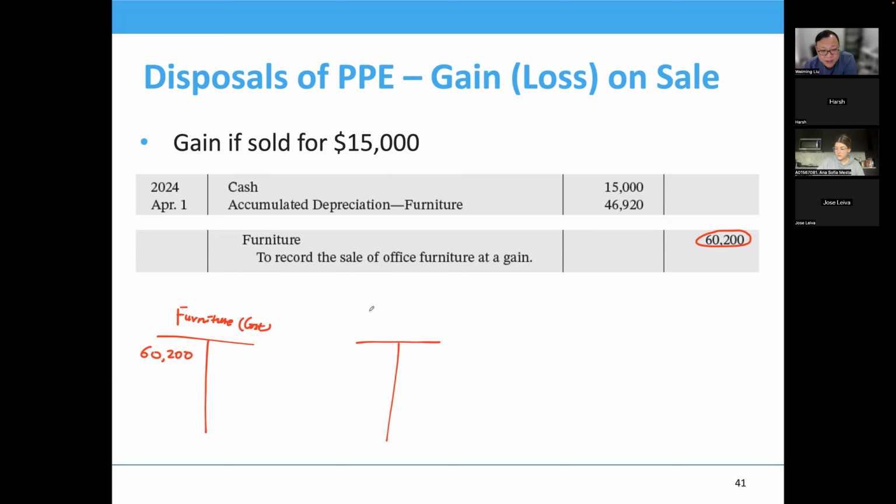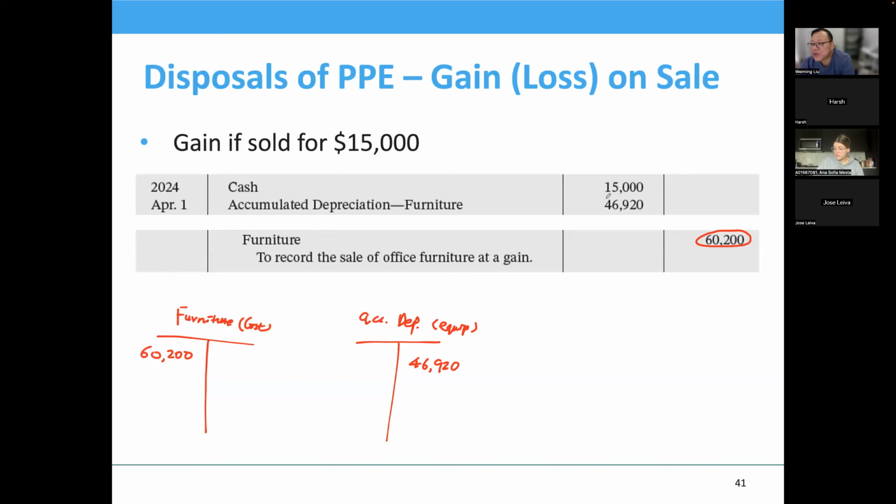And then you have the cumulative depreciation on the furniture account. We know that cumulative depreciation is a contra asset, so it always maintains a credit balance, right? So the credit balance is 46,920. Now we are disposing of this asset, and you sell it for $15,000, okay?